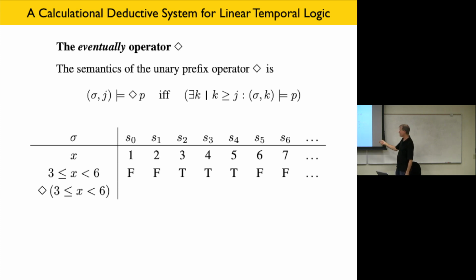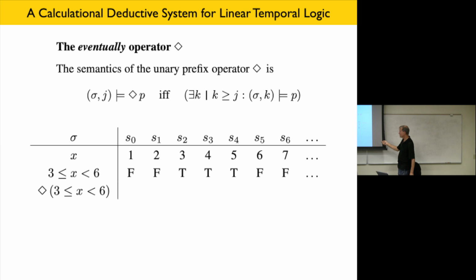So look, here's X is 1, 2, 3, 4, 5, 6, 7. Here's 3 less than or equal to X less than 6: false, false, true, true, true, false, false. Now, can you tell me what eventually is going to be? Is eventually true at S0? True. At S1? True.